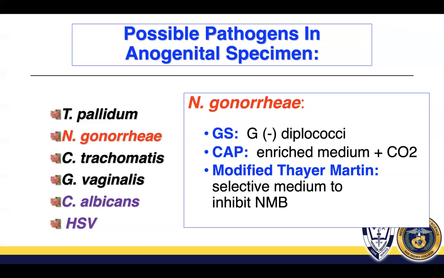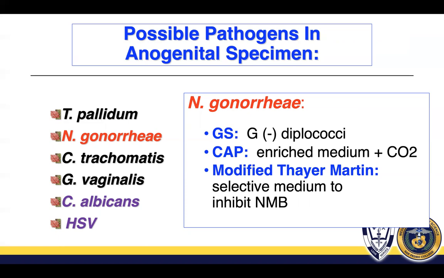Okay, so the possible pathogens that we can come up with from genitourinary samples include Treponema pallidum, Neisseria gonorrhoeae, which is quite common, Chlamydia trachomatis, Gardnerella vaginalis, Candida albicans, and in some cases, herpes simplex viruses. Okay, so for Neisseria gonorrhoeae, they are gram-negative diplococci when gram-stained.